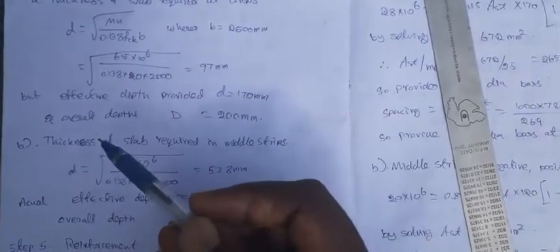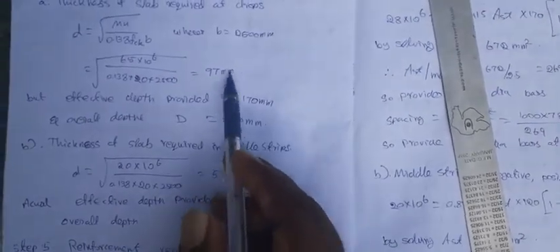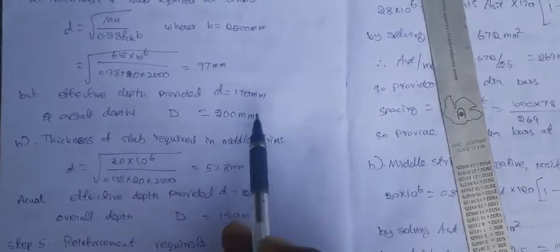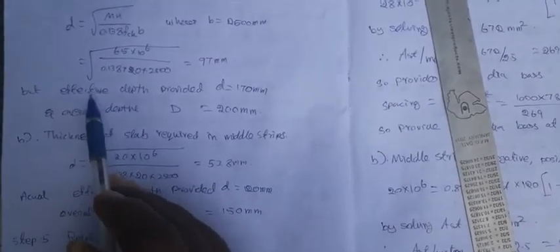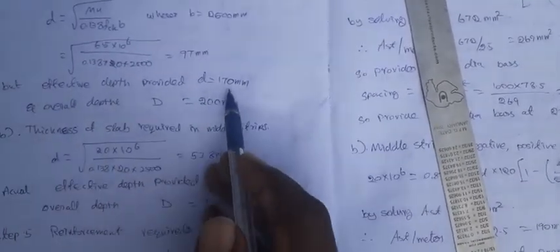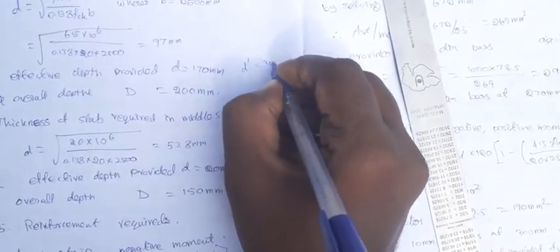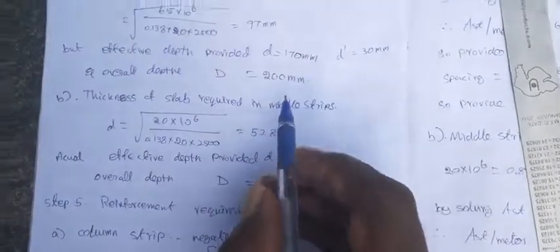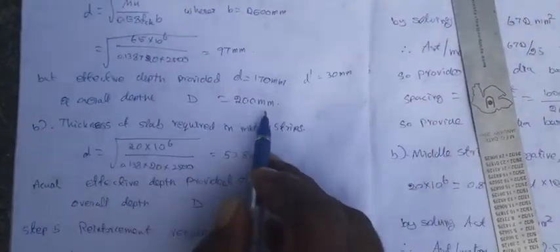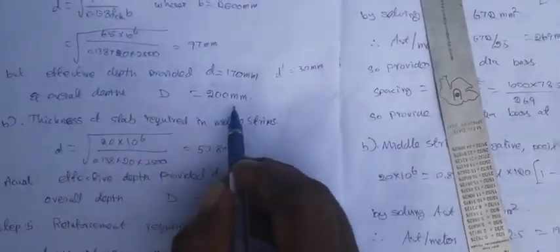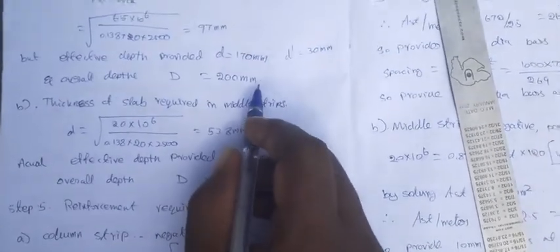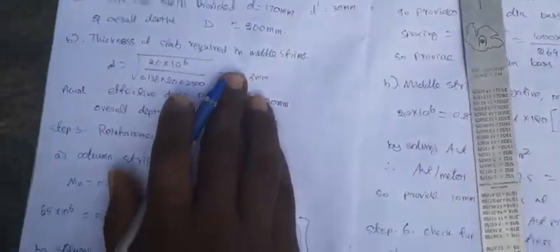But we are already providing 200 mm as the thickness of the column strip. So we choose the effective depth provided, d, as 170 mm. The effective cover d dash will be taken as 30 mm. So the overall depth we are providing is 200 mm, which is the actual thickness of the middle column strip.